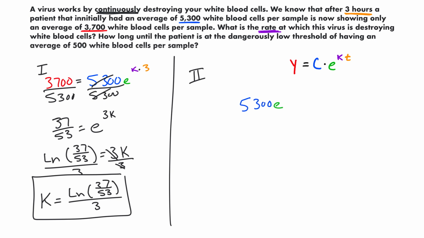But now the exponent, the k value, we now know what that is. The k value is what we found in part 1. So this is going to be part of the exponent: the natural log of 37/53, all divided by 3, times my t value, which in this case we do not know how long it's going to take, but that's all going to be equal to, now we have 500 white blood cells that we're looking at.